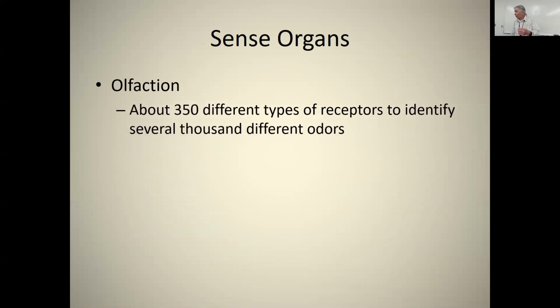We have about 300 different types of receptors to identify, but we can detect several thousand different odors with only 350 types of receptors. And this is because of the gestalt of the experience. So you have all these receptors lined up, and a particular odor molecule comes along. One receptor binds it really strongly, so it produces a big receptor potential that causes a higher frequency of action potentials in that olfactory receptor.